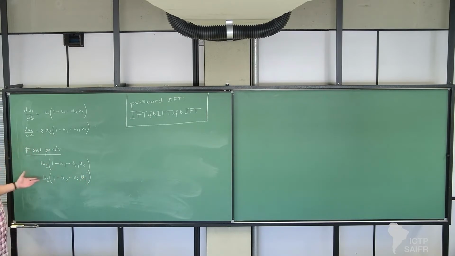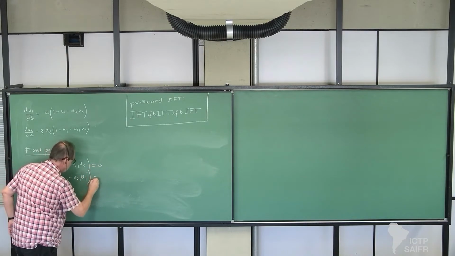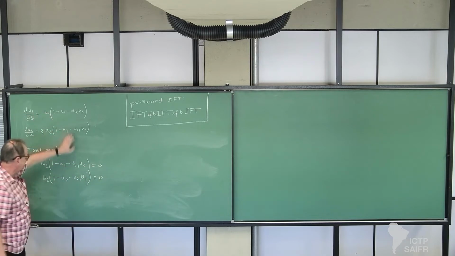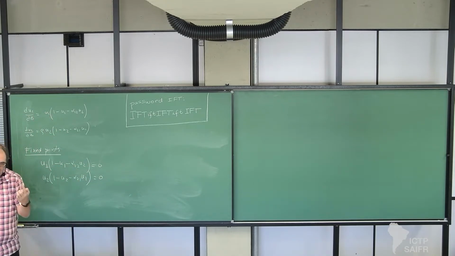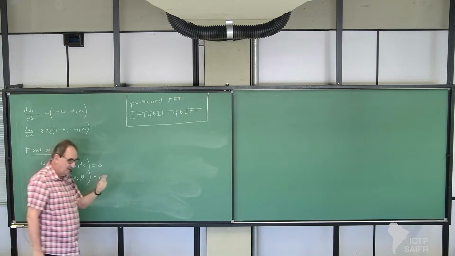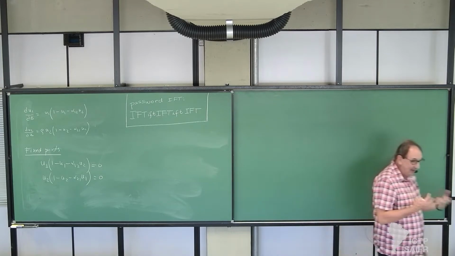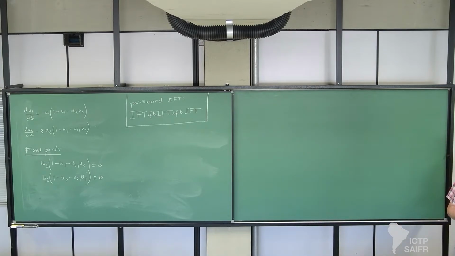Equals 0. If this side is 0, this is an algebraic equation where now u1 and u2 will be constant in time, they are just numbers. And these are the population levels of equilibrium.